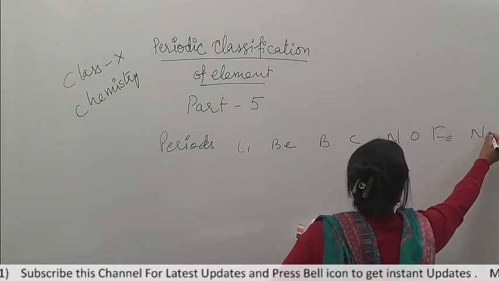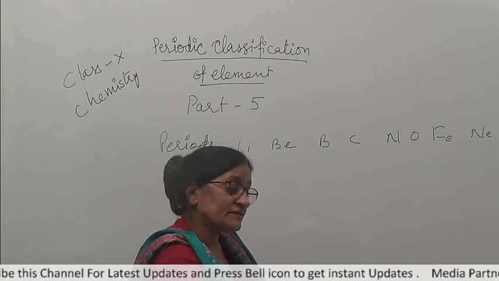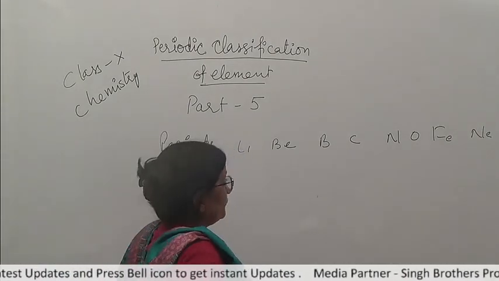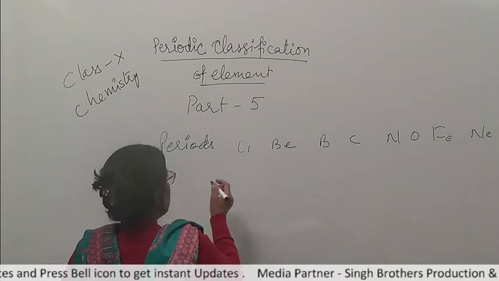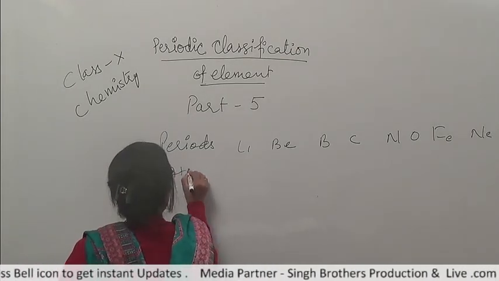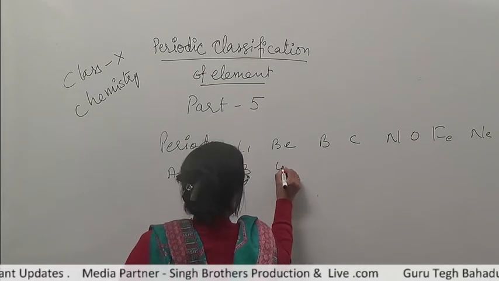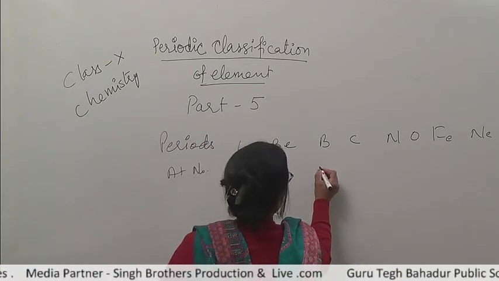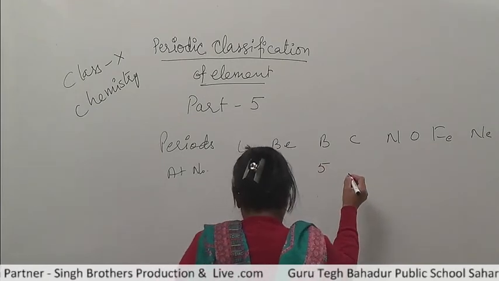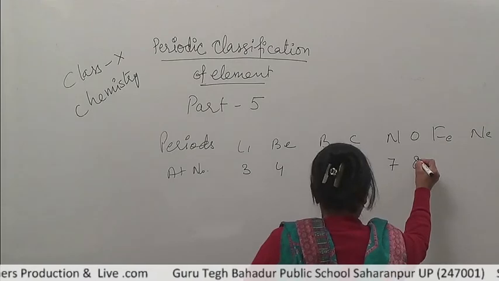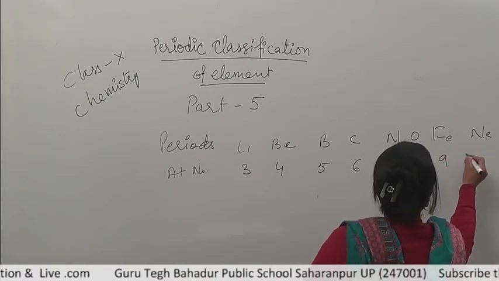You can see the names of all these in the second period of the modern periodic table. Their atomic numbers are: lithium 3, beryllium 4, boron 5, carbon 6, nitrogen 7, oxygen 8, fluorine 9, and neon 10.